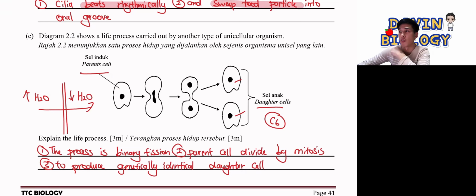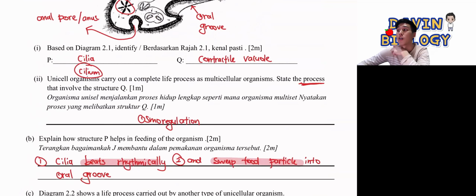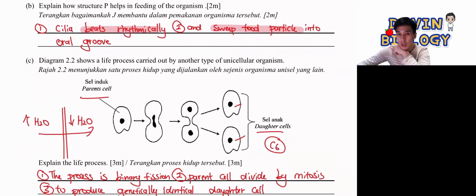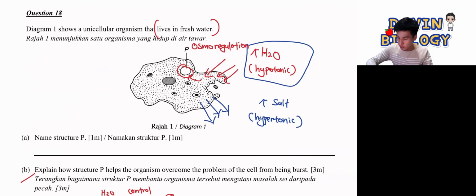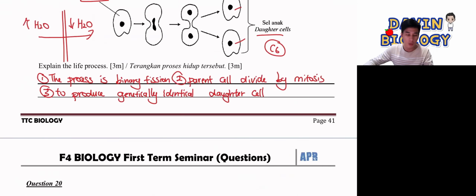So when they ask what is the function of the contractile vacuole, you must say osmoregulation. Osmosis is like just now when the water diffuses in. But when they have too much water, they squeeze the water out. That's called osmoregulation. Chapter 3 will have a lot of osmosis, but today we won't have time to do Chapter 3.